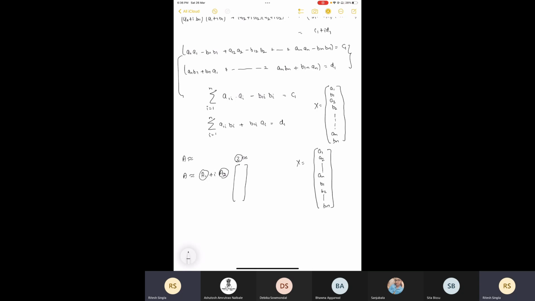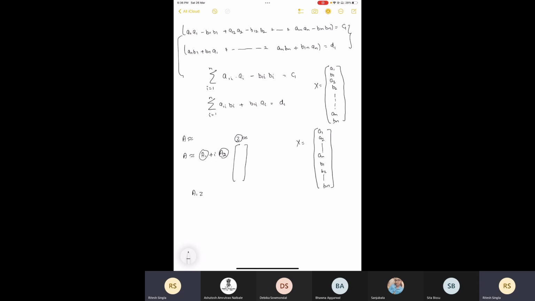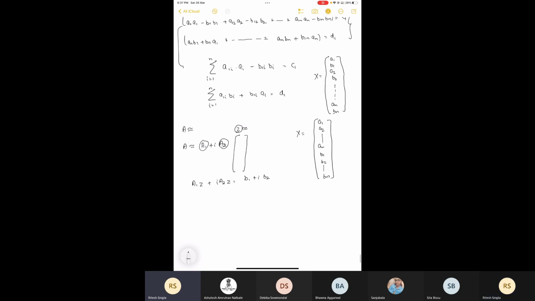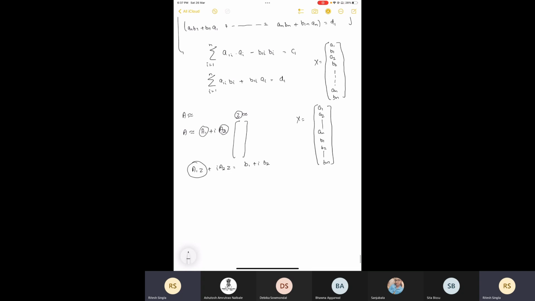See, if we go with this stuff, what will be the problem? A1 Z plus iota times A2 Z is equal to B, right? So you can't do the inverse thing. Say B1 plus iota B2. Even if you go like this, it doesn't make sense, right? Because you can't say this matrix is completely real.